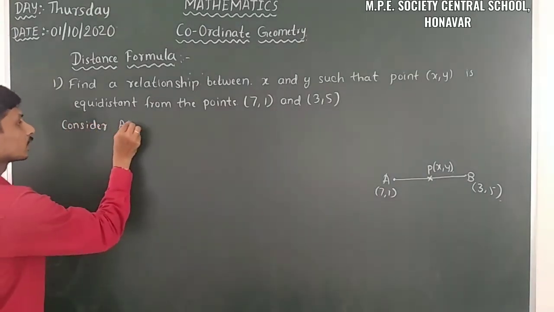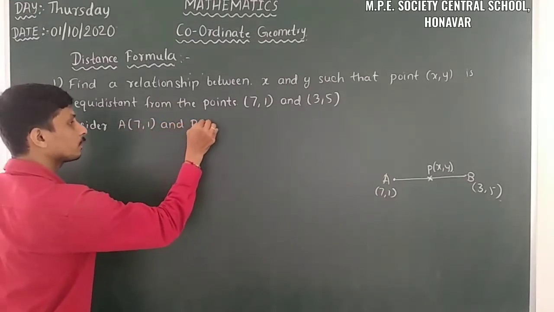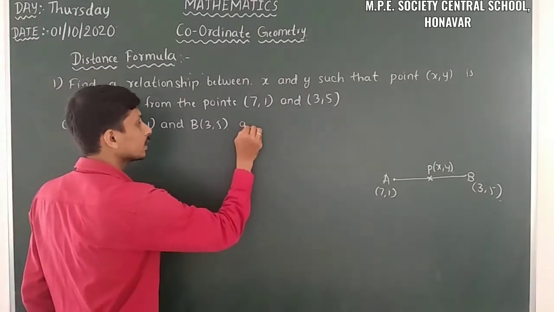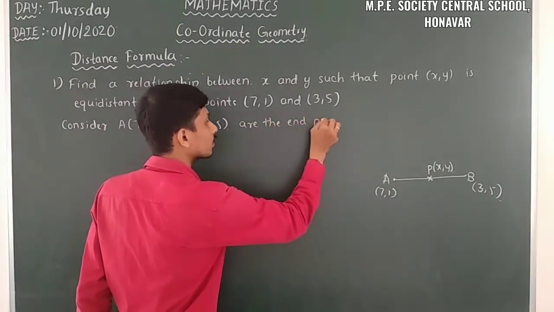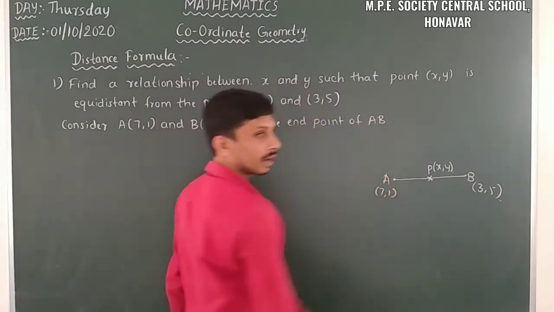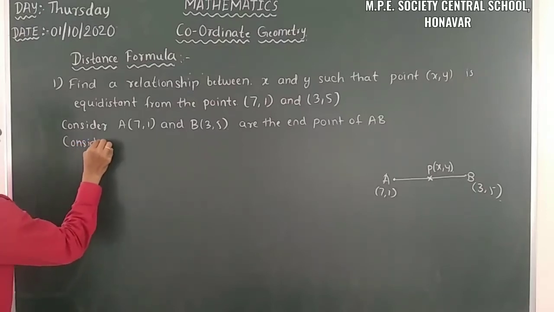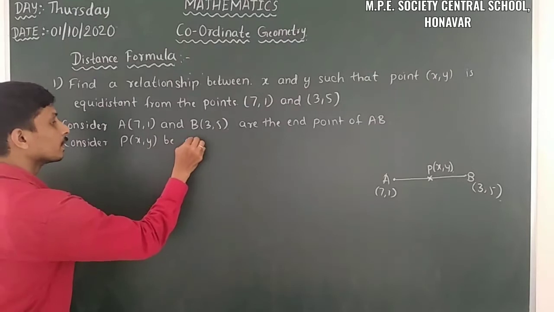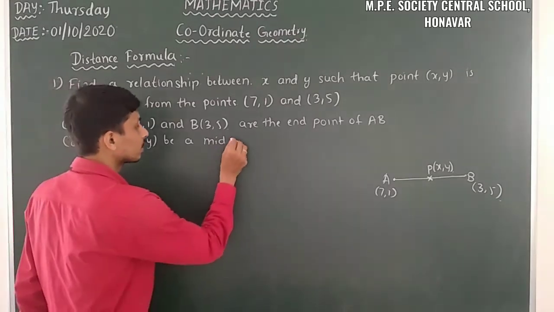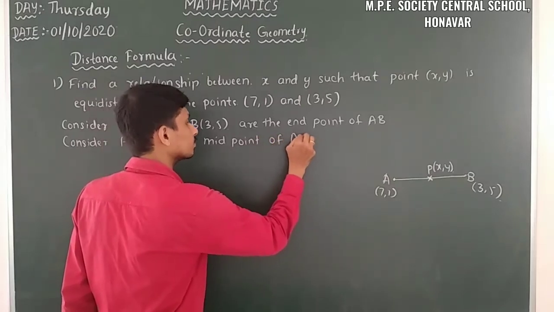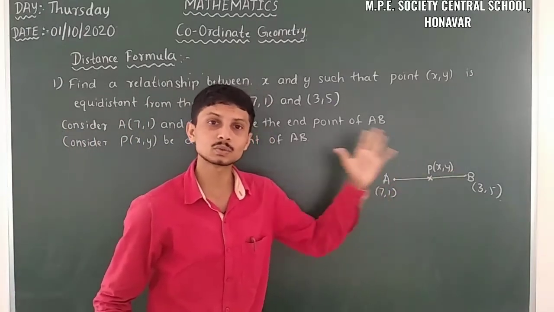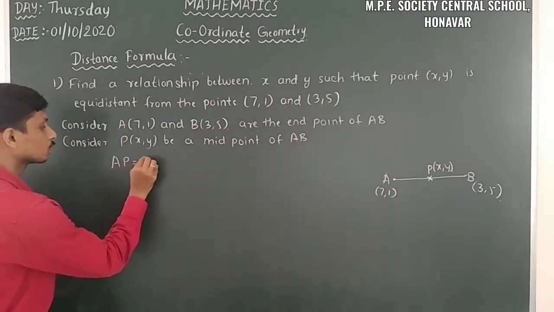Consider those 2 points A of (7, 1) and B of (3, 5) as the endpoints of AB, and also consider P of (x, y) to be the midpoint or equidistant point from A and B. Midpoint means the distance between this point and A, and this point and B, is one and the same. So we can take AP is equal to BP.